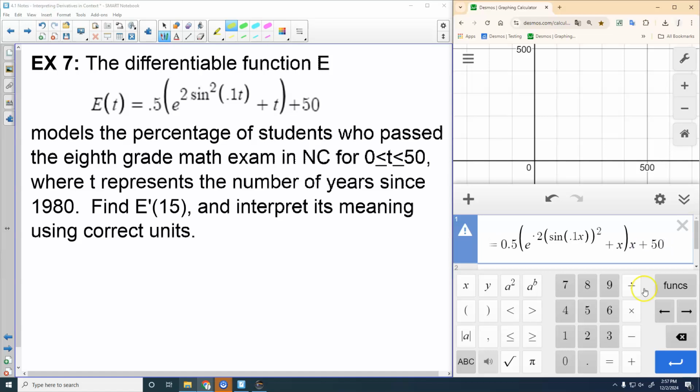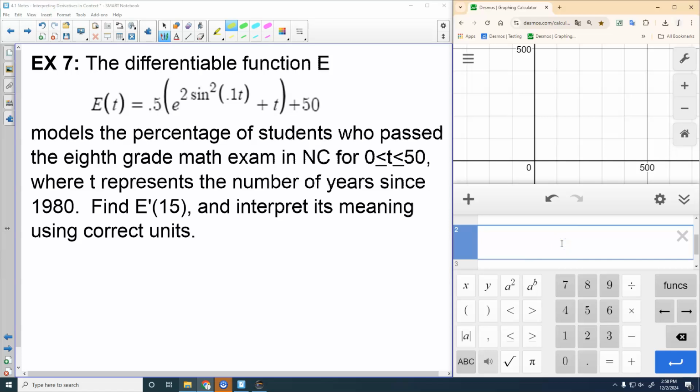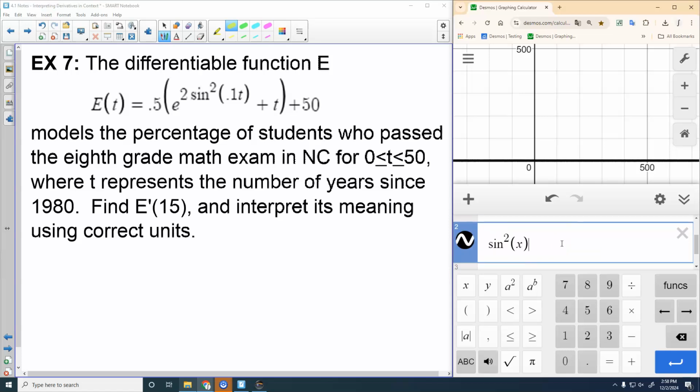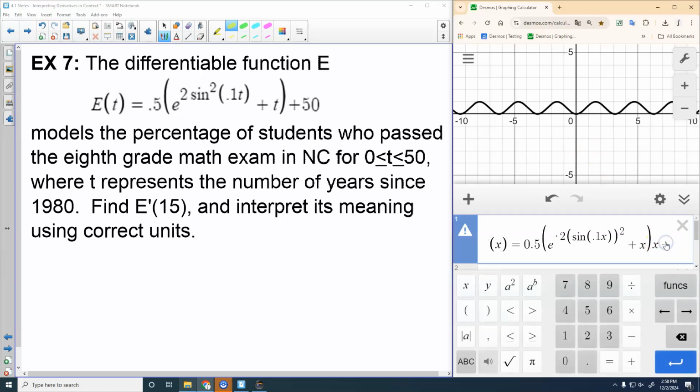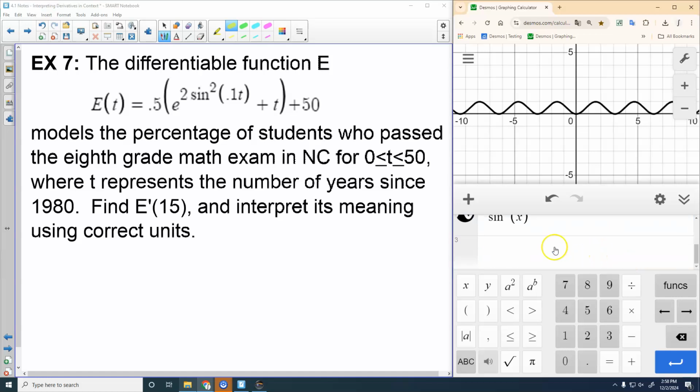Plus 50. So notice right there where you got that sine squared, it's not going to let you type it in that way, I don't think. Let me make sure that's true. Okay. Actually, maybe it will. Desmos might let you do that square, though.